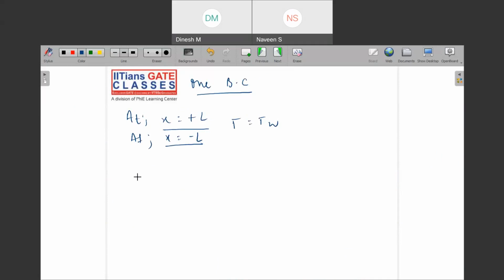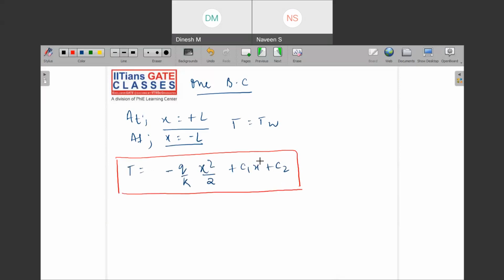To satisfy this condition, T is equal to minus of Q upon K into x square by 2 plus C1 x plus C2. Then this C1 value will have to become 0. Then only this condition is possible.